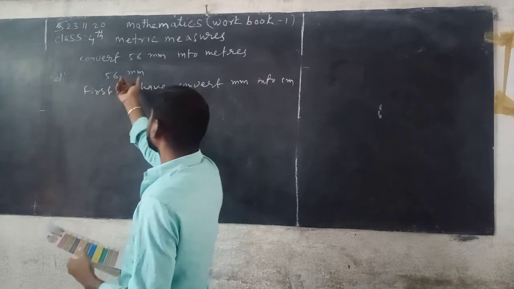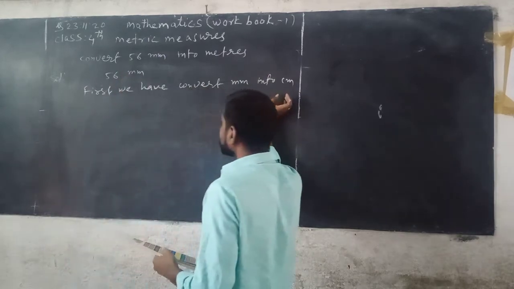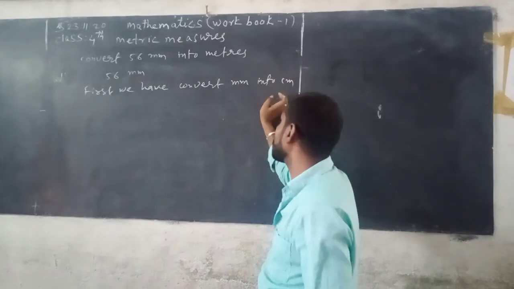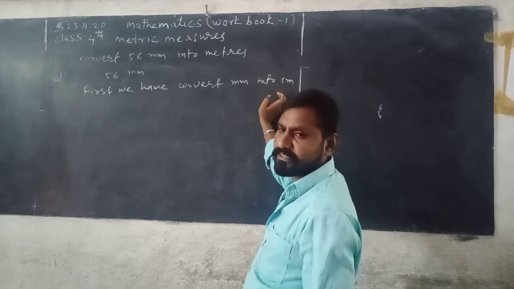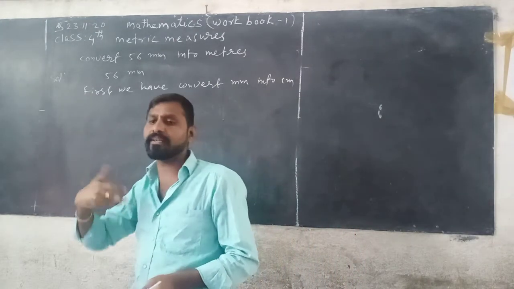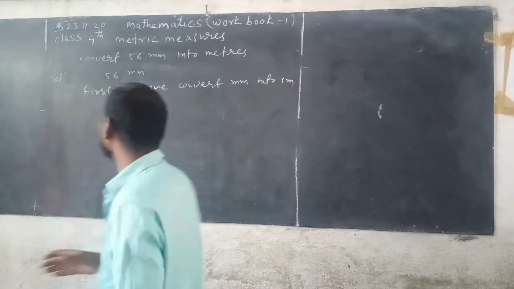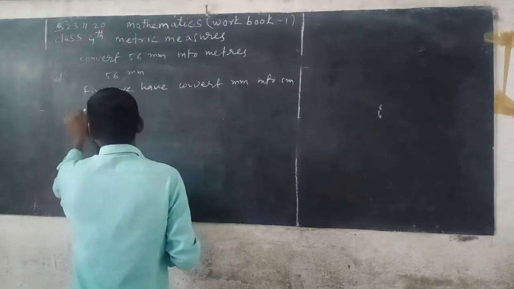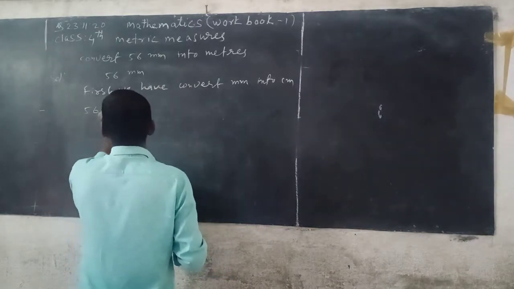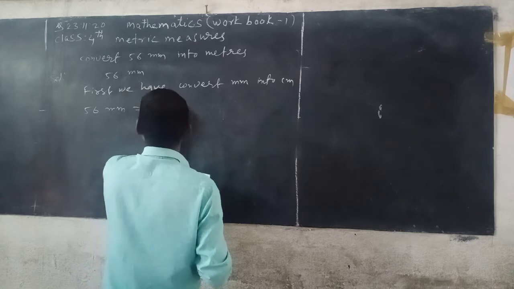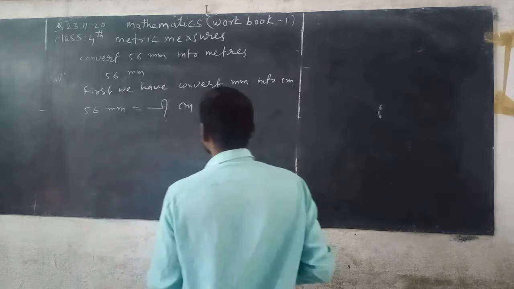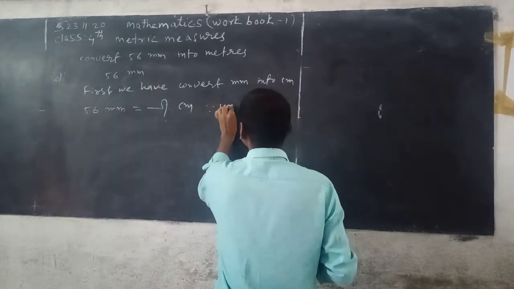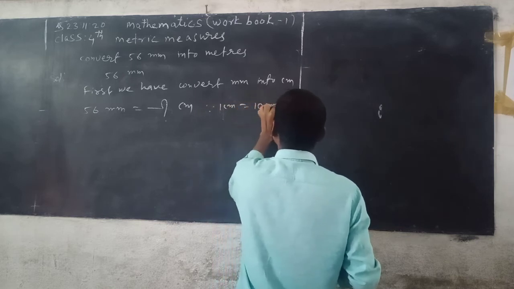Millimeter is a smaller quantity than centimeter. So I have to take division. So the small quantity is converted into big quantity, then we have to divide. See here, 56 millimeters is equal to how many centimeters? We can write here 1 centimeter is equal to 10 millimeter.